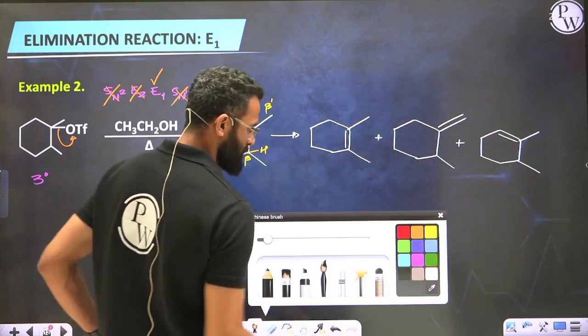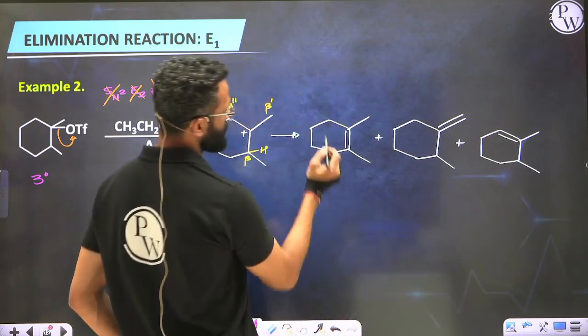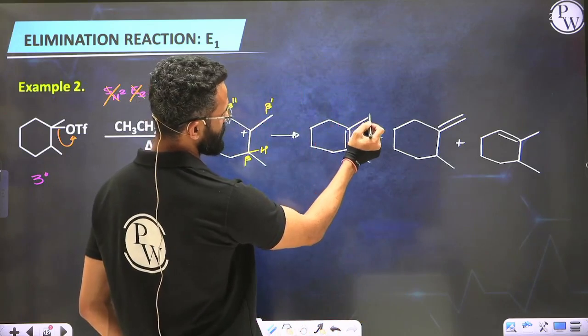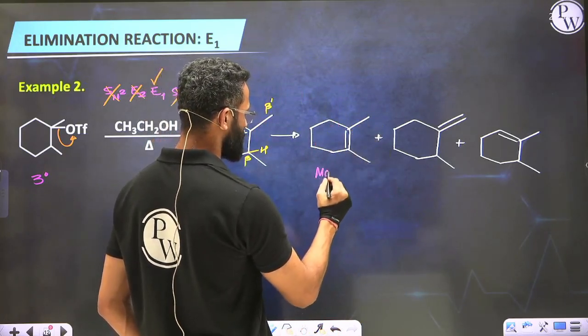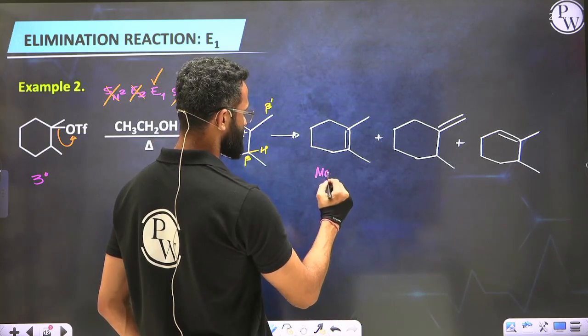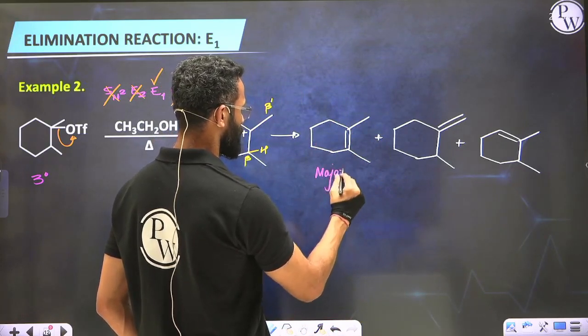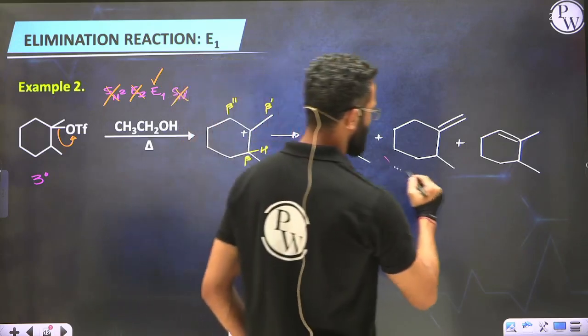You can see here we have got 2 plus 2 is 4, plus 3 is 7, plus 3 is 10 hyperconjugating structures. So this is more stable. Hence this is the major product, and the remaining 2 will be the minor products.